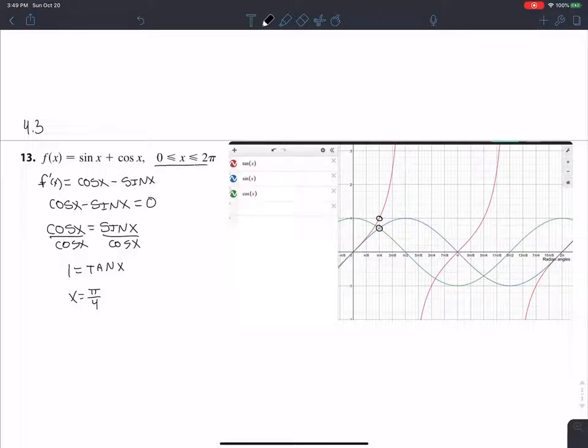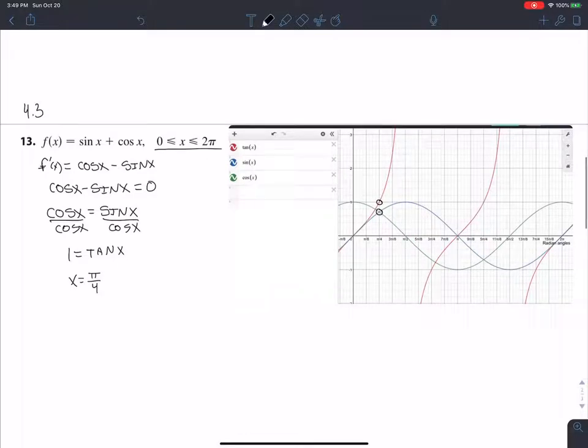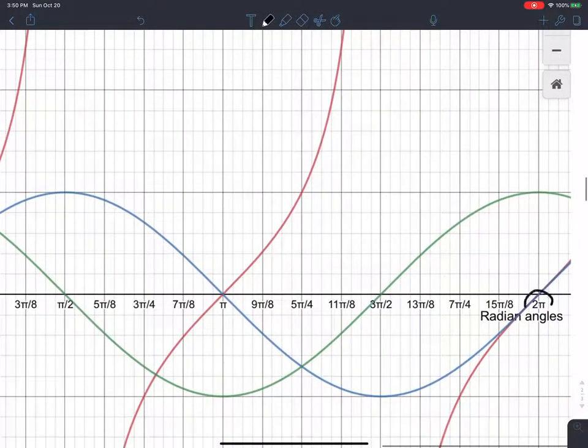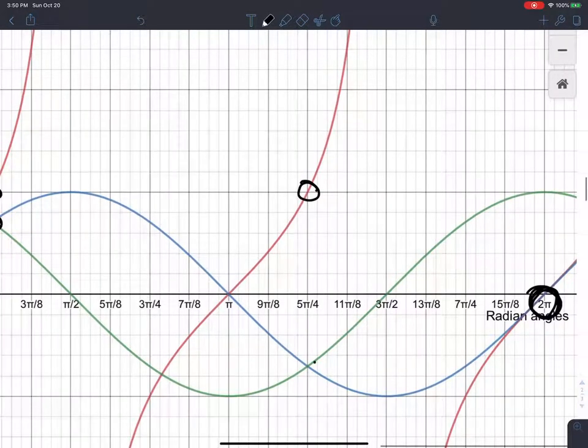But we have this whole interval, the whole 2 pi interval, and tangent equals 1 more than once in that interval up to 2 pi. It also happens over here. We also have another value of 1 here at 5 pi over 4. It's where sine and cosine are equal to each other but negative, and then they divide and they become positive.